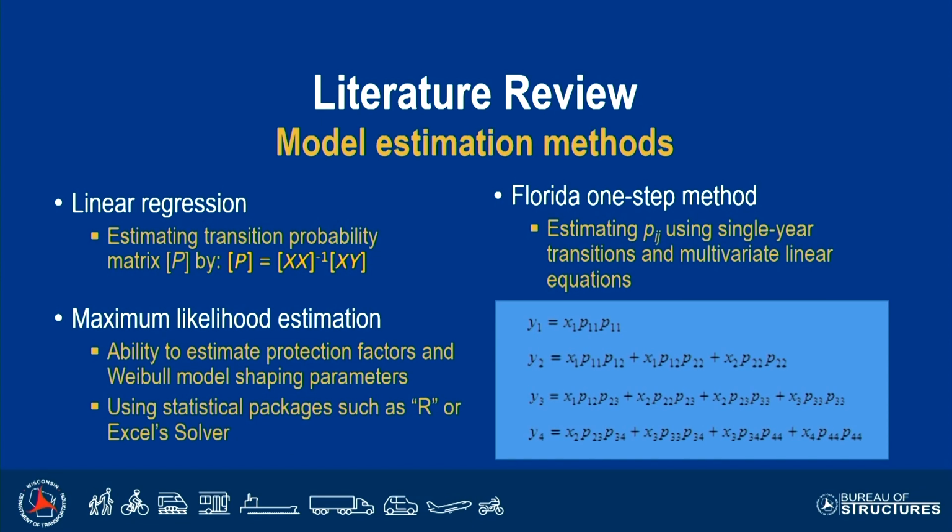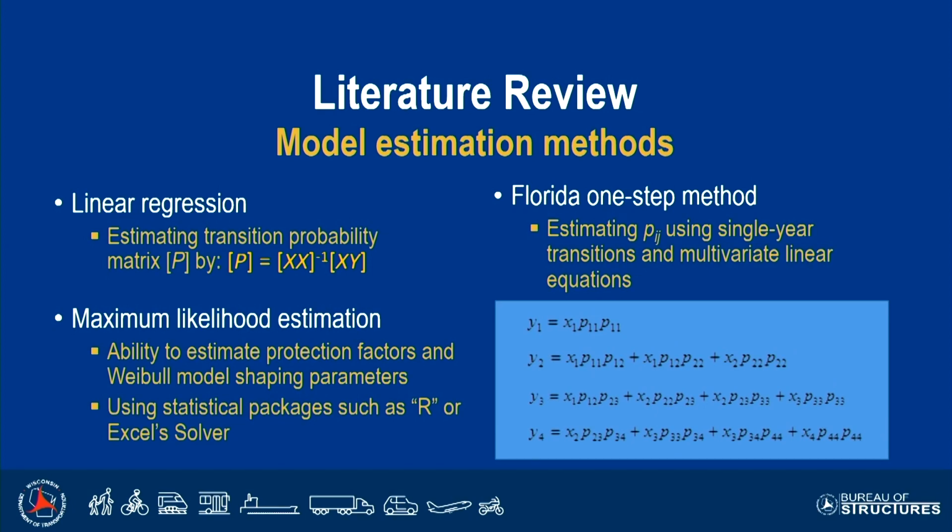So a few different components were involved: linear regression for transition probability, the Florida one-step method. So the Markov modeling has this whole probability matrix, but the Florida one-step essentially says we're gonna just assume that element is deteriorating constantly from one state to the next. So it simplifies the calculations a lot.